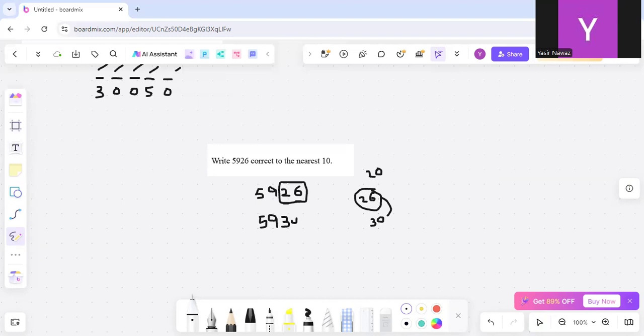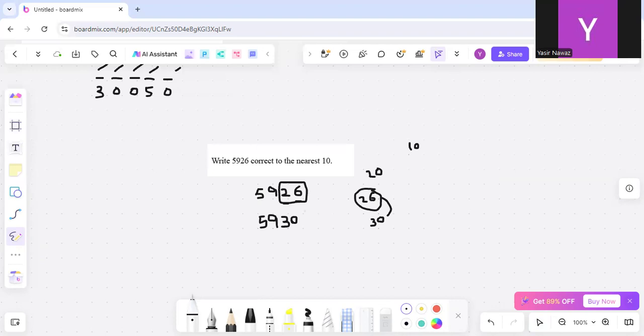The next number means it's a counting of tens, a difference of 10. So first would be 10, and then 20, 30, 40, 50. You will see which number the last two digits are nearest to. If it is near to 30, it will be shifted to 30.